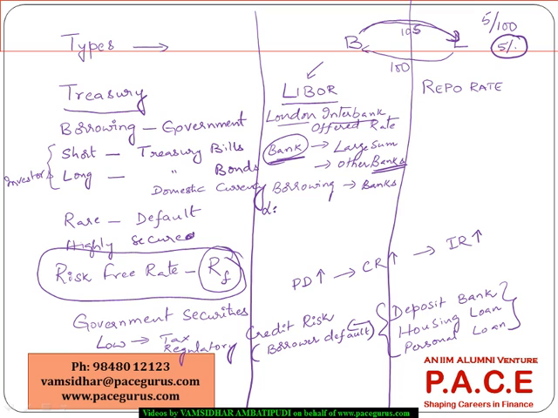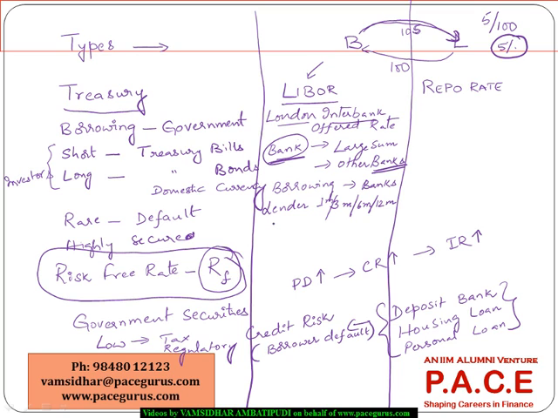So the lender bank will quote what kind of interest rate it is expecting if it wants to deposit for 6 months, 3 months, 12 months, even 1 month, different periods up to 1 year. So these are called LIBOR quotes.